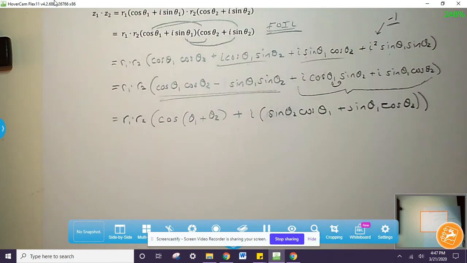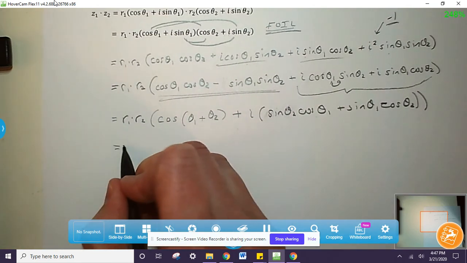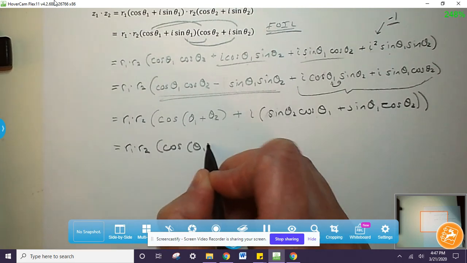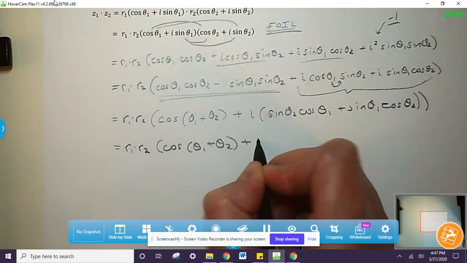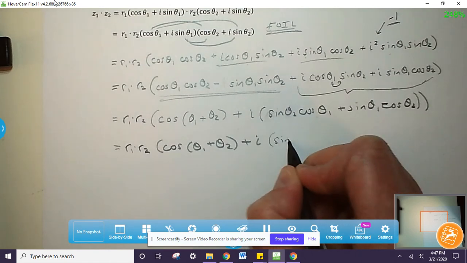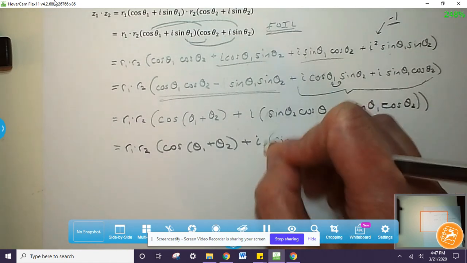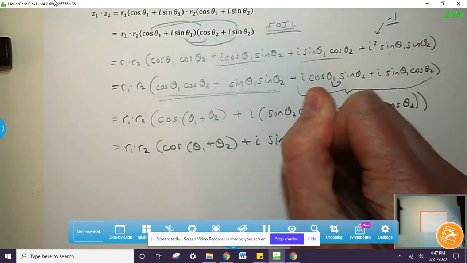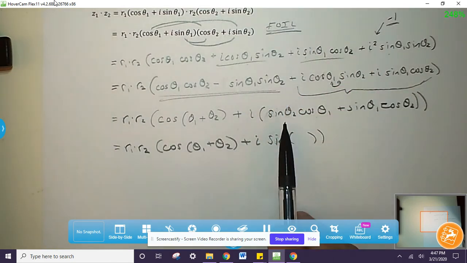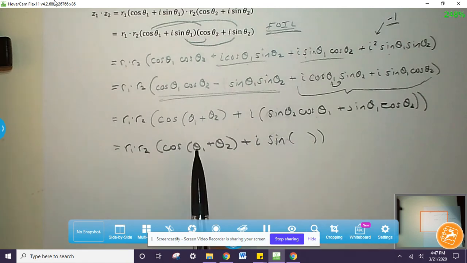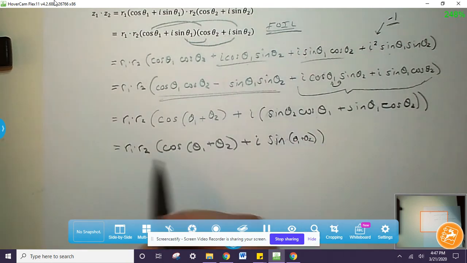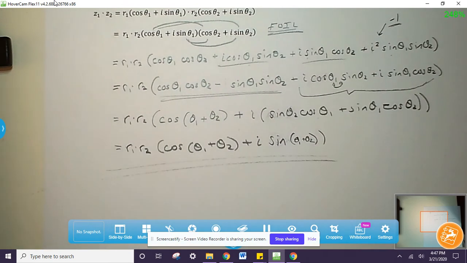That's your sine angle sum formula. So I love deriving this formula because I think it's pretty cool, this unexpected appearance of the cosine angle sum formula and the sine angle sum formula. And here I could write theta 2 plus theta 1, but just for consistency, I'm going to write theta 1 plus theta 2 because it's the same anyway. And there is your formula for multiplication.